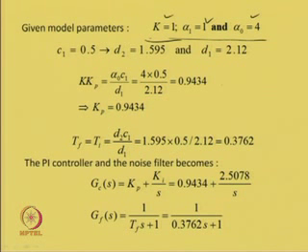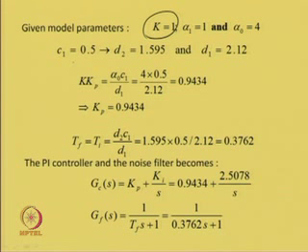That means, the process G s is now given in the form of 1 upon s square plus s plus 4. So, we consider the same second order underdamped process with the steady state gain k is equal to 1.